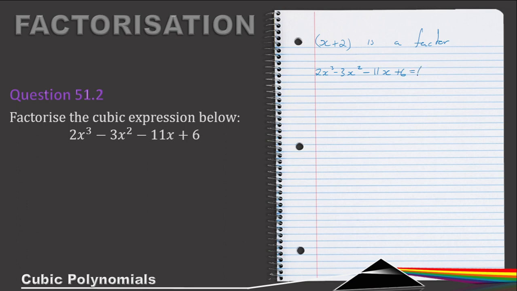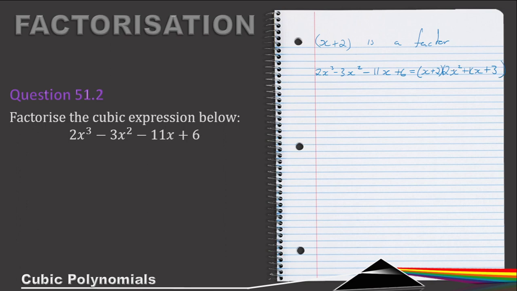So my factor is x plus 2. Then I know to get the first term, take the first term here divided by the first term here. So 2x cubed divided by x leaves me 2x squared, then plus kx, and then plus 6 divided by 2 is 3, so plus 3.